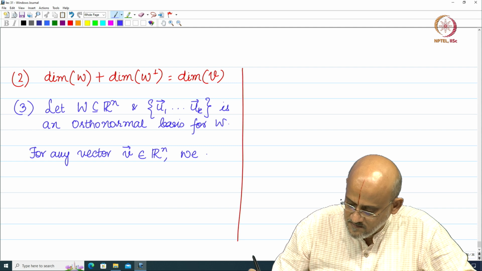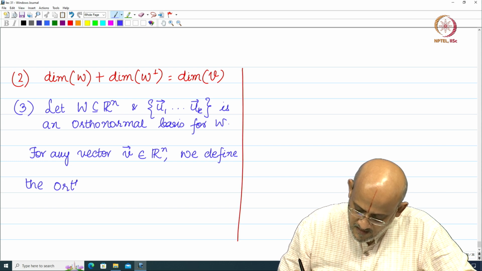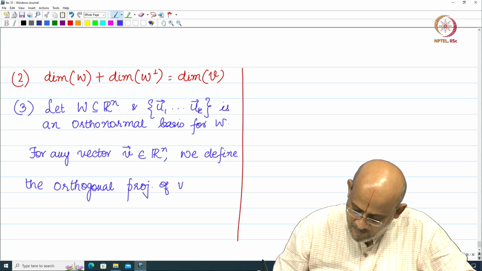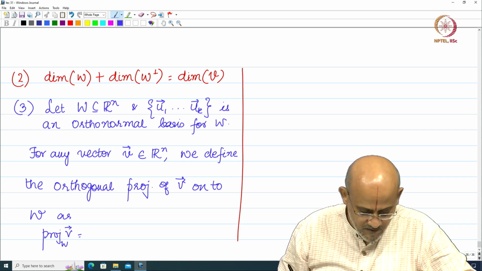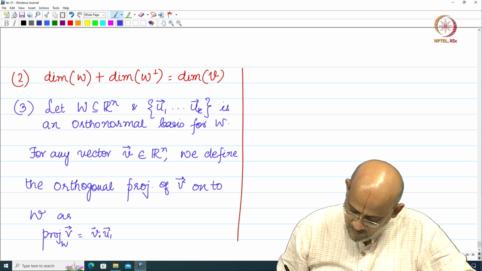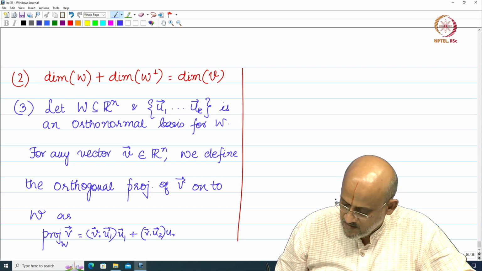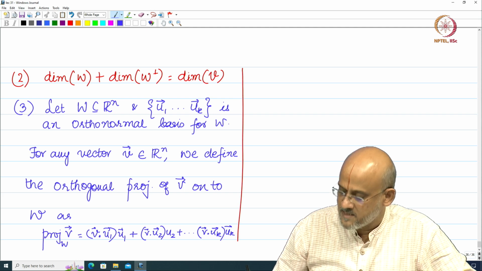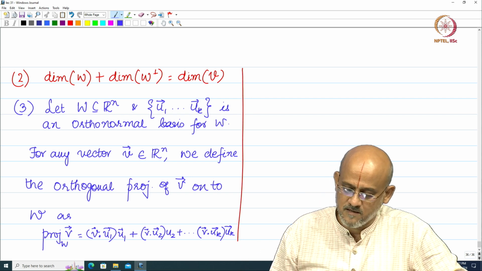We define the orthogonal projection of V onto W. The projection of V onto W is given by V dot U1 in the direction of U1 plus V dot U2 in the direction of U2 plus etc. V dot UK in the direction of UK, and this is precisely what we saw in the other case, which we called the Fourier basis expansion. We did that before, right. Okay. This is how we define the orthogonal projection.